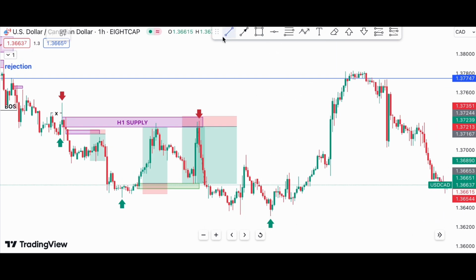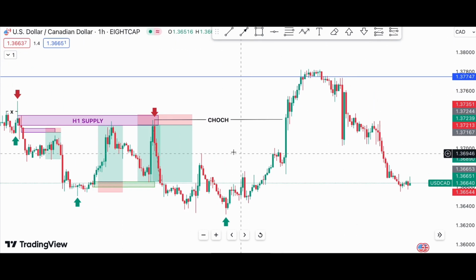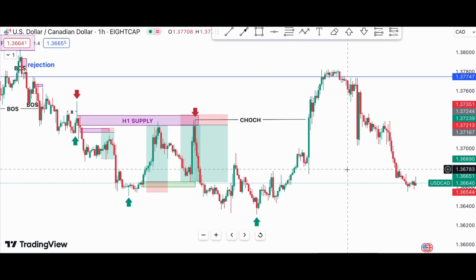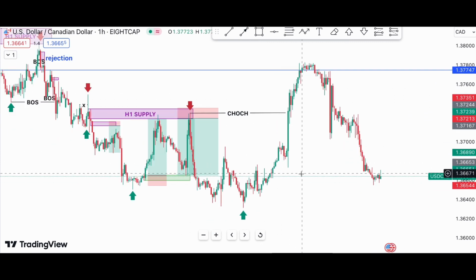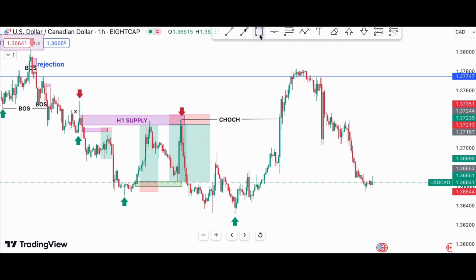You see, when the price breaks this level, what is it? This is the shock. This is where the shock happens. So when the shock happens, right now we know we are looking for what? We are looking for all the demand zones. So this is one of the demand zones available.